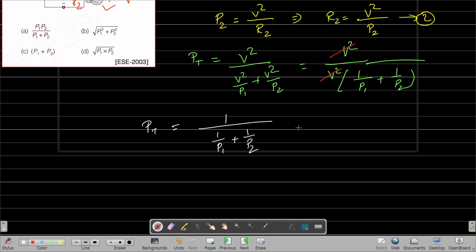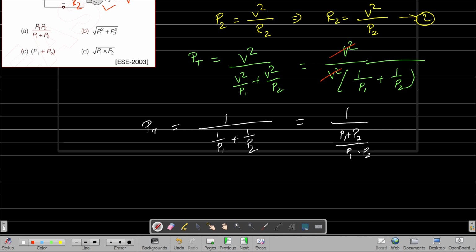Let's simplify it. By cross multiplication, we will get P1 plus P2 upon P1 into P2.